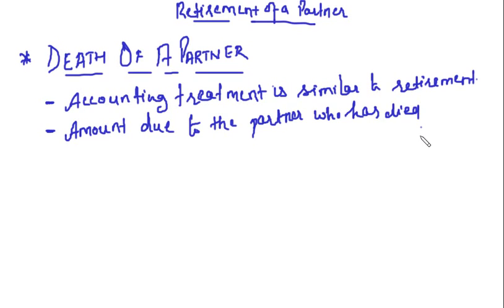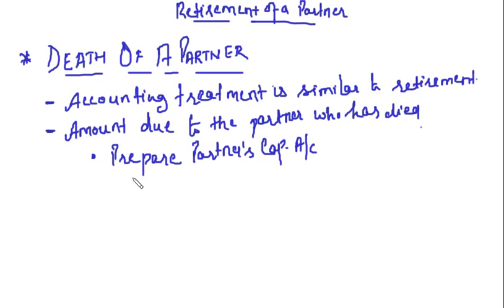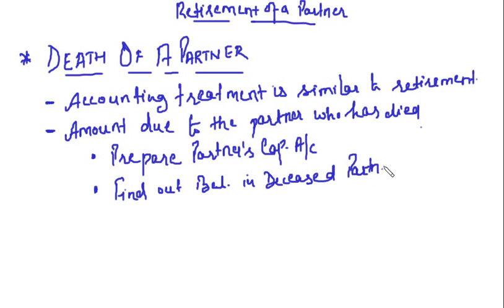In this case also we will prepare the partners' capital accounts. Then we will find out the balance in the deceased partner's capital account, meaning the partner who has died, after all adjustments.